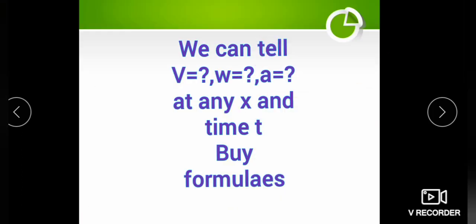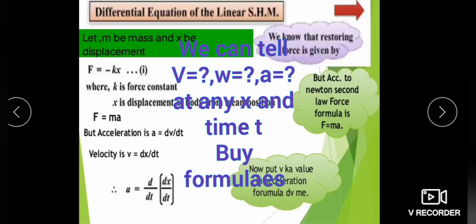And the dimensions of force constant are equal to dimensions of force upon dimensions of displacement, that is 1 in M, 1 in L, minus 2 in T divided by 1 in L, which is equal to 1 in M, 0 in L and minus 2 in T. At any time t we can tell x, v and a.